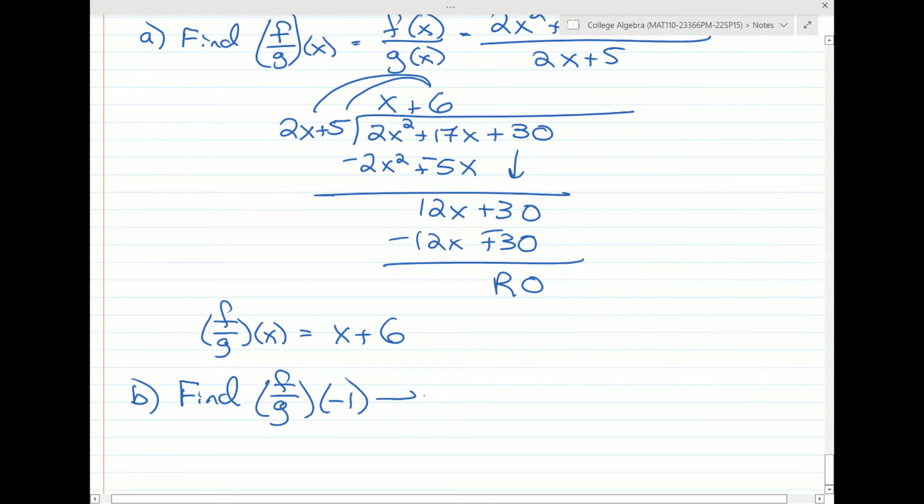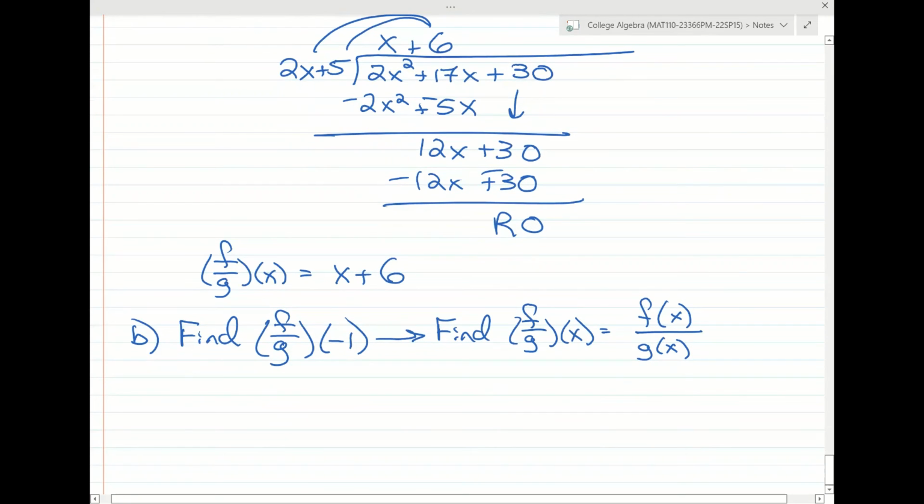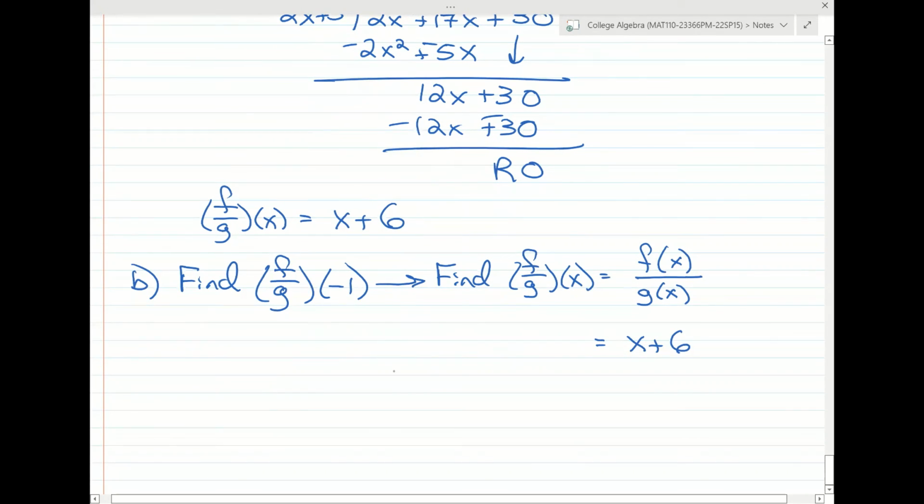What this means is find f over g of x, which means f of x over g of x, that's the first step. We did already. We know that that answer is x plus 6. And then we're going to plug in -1 for x. So -1 plus 6 is just 5.